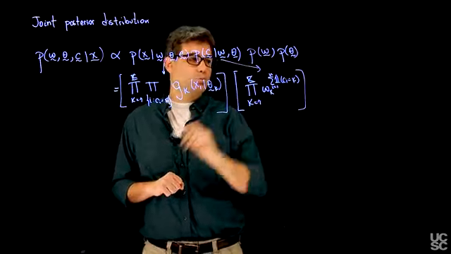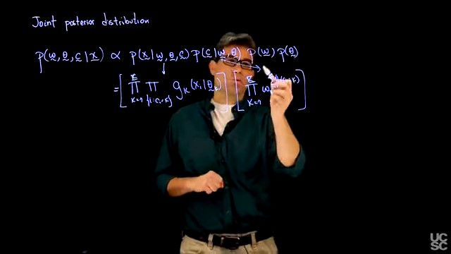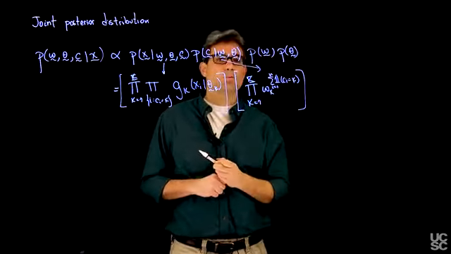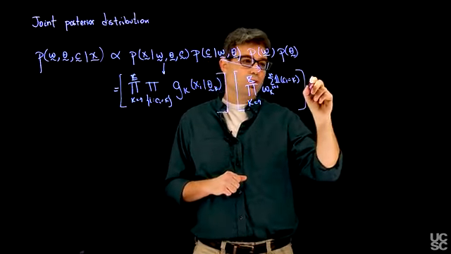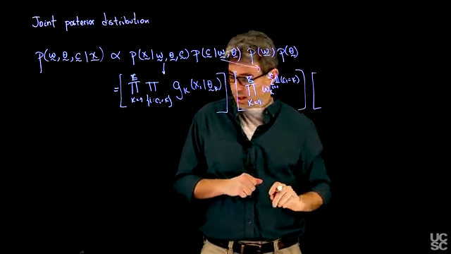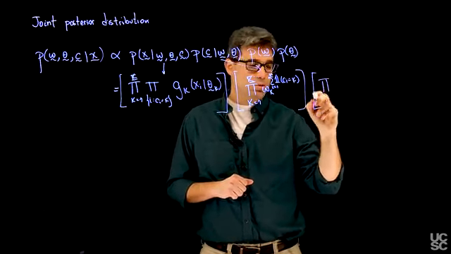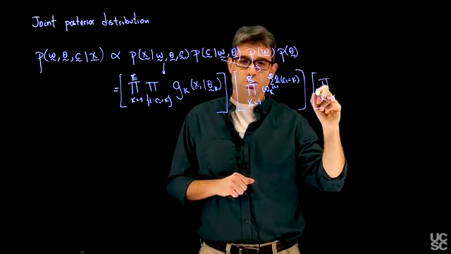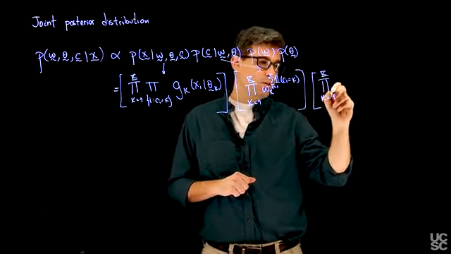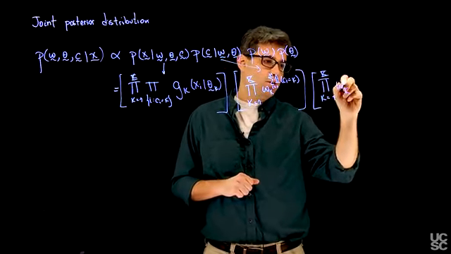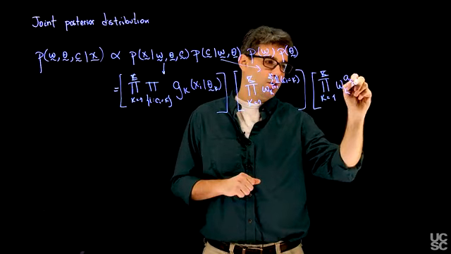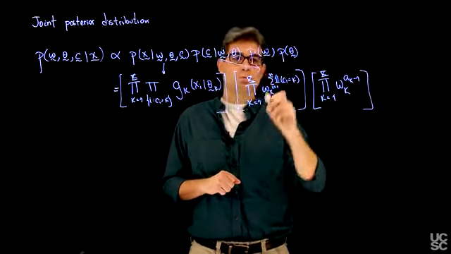This is our second piece. Then we discussed using a Dirichlet distribution for this. So ignoring some proportionality constants, this becomes the product from k equals 1 to capital K of omega sub k raised to the a sub k minus 1.